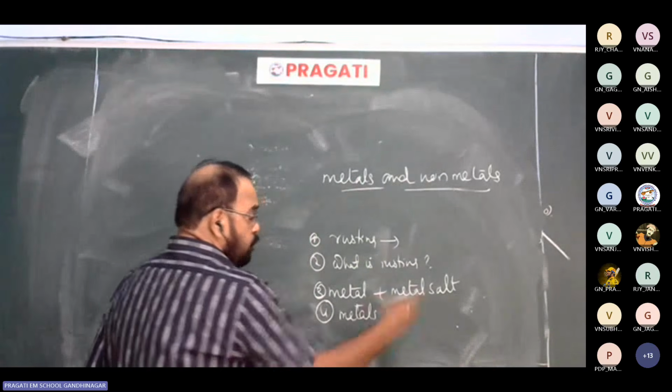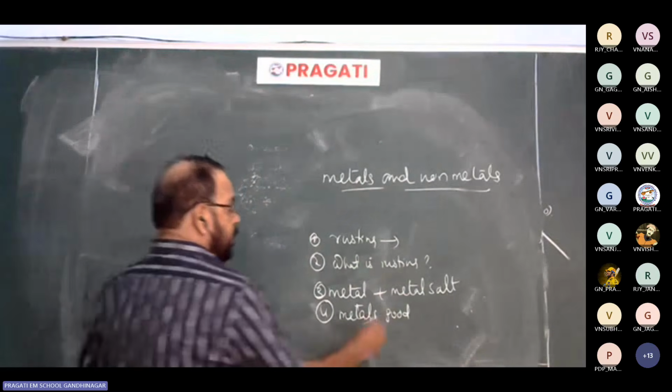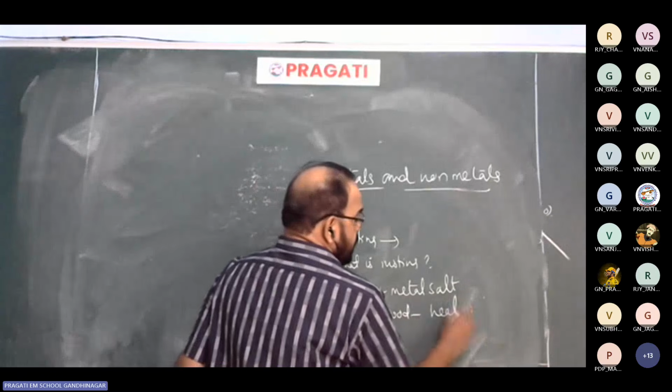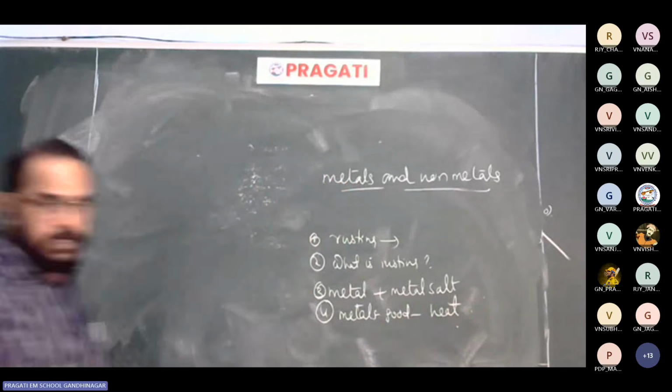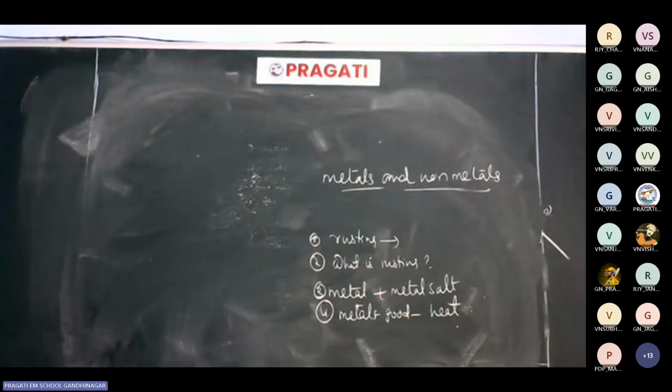I am not writing the full question, as time is wasted. You can understand by seeing this. These 3-4 questions are the most important questions from the 8-mark section from metals and non-metals. And here again the 1-mark section, 1-mark questions are there.